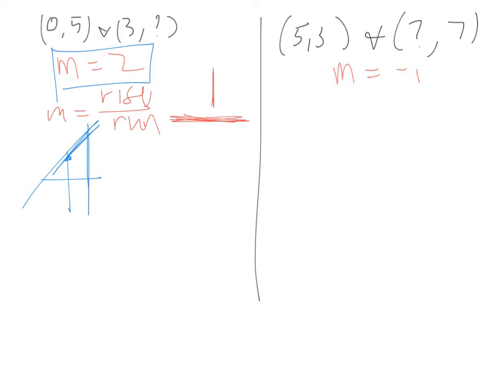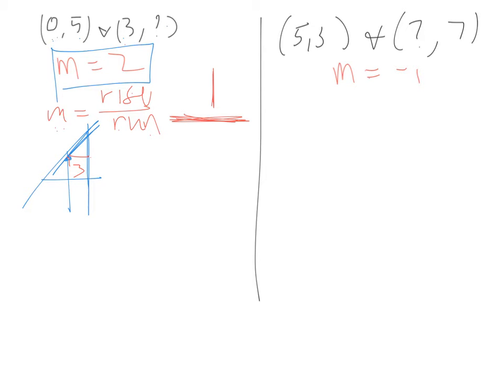So basically, we know we're going from 0 and 5 to 3 and something. To go from 0 and 5 over to 3 and something, we've gone across 3, because 0 to 3 makes 3. So our gradient m equals rise over run.